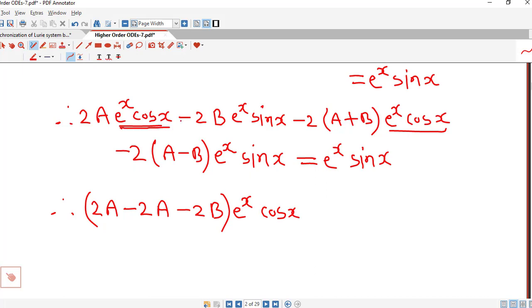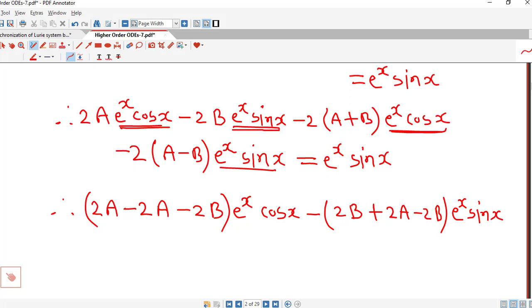Okay, so we have taken e raised to x cos x, 2a minus 2b. Similarly we can take minus e raised to x sin x common, so we have 2b.